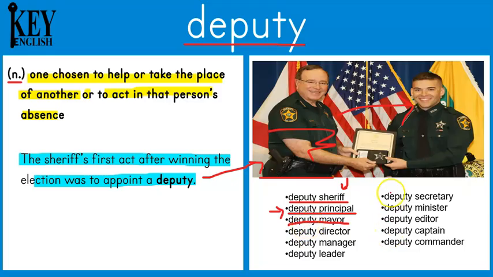And there are many other words that can go together with deputy or many other jobs where there is someone who could be a deputy. Just remember that the job of a deputy is just to take the place of the person who is the leader or the person who is above them whenever that leader cannot do the work for any reason.